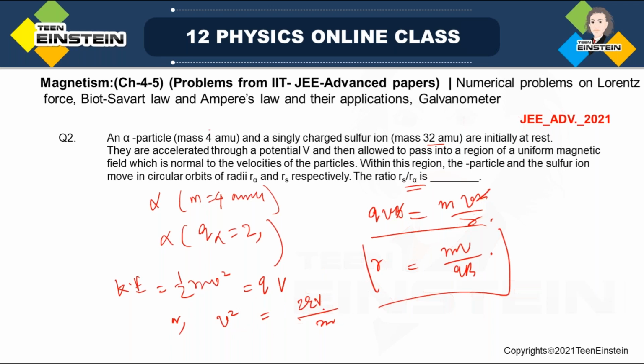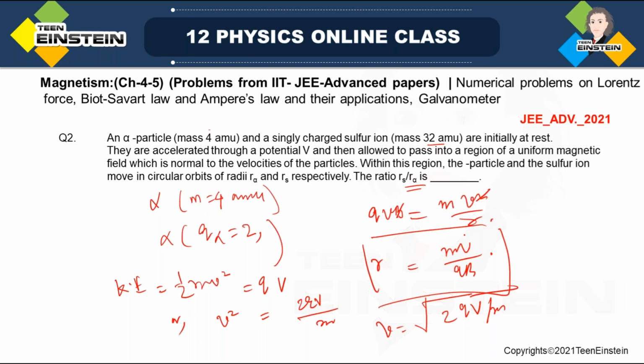Now we know that v will be the square root of 2qV by m, where q is the charge, V is the voltage, and m is down.